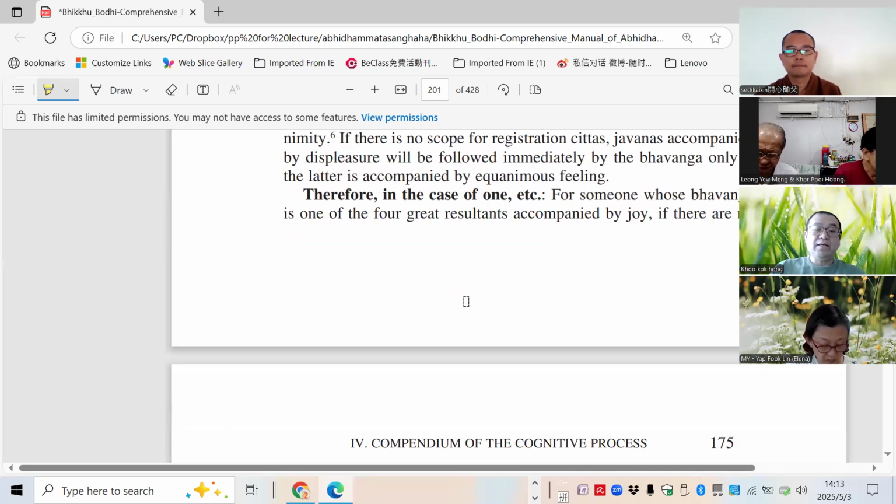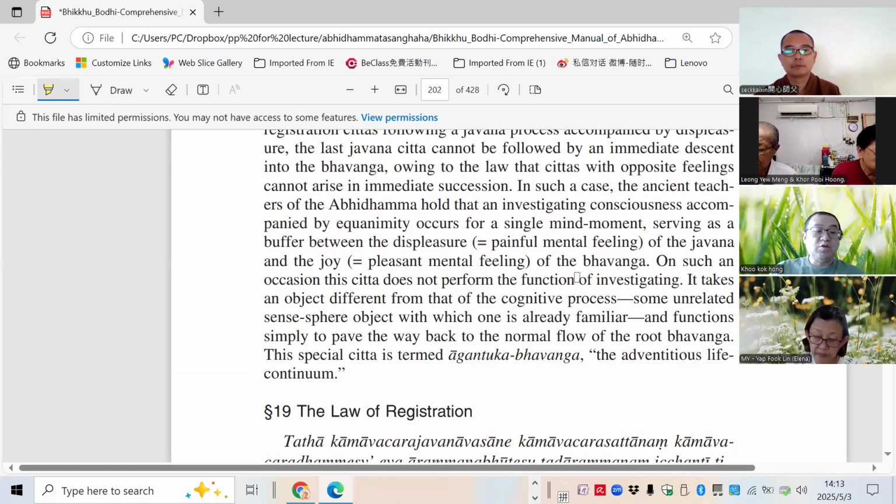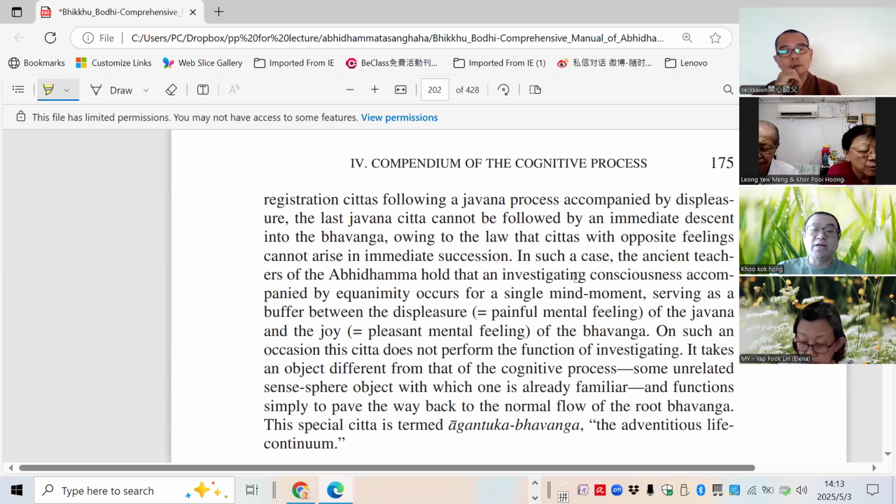Therefore, for someone whose bhavanga is one of the four great resultants accompanied by joy, if there are no registration citta following a javana process accompanied by displeasure, the last javana citta cannot be followed by an immediate descent into bhavanga, owing to the law that citta with opposite feeling cannot arise in immediate succession.